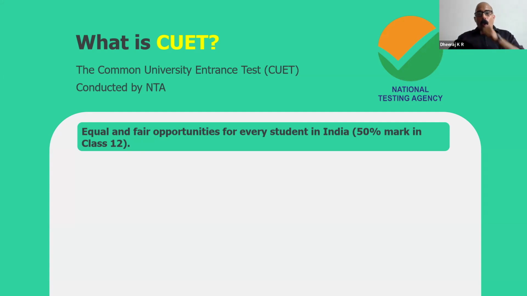But now CUET has given a chance to the students who have scored less marks in their +2. They need to write this exam, Common University Entrance. And if they score well in this exam, they will easily get into the central university.